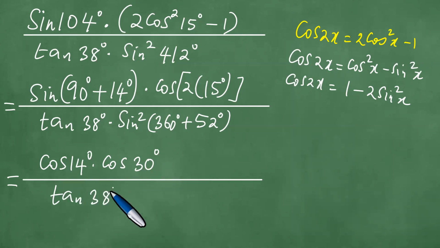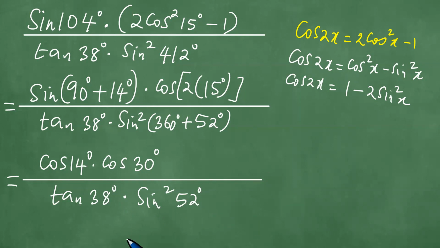Tangent of 38 degrees. 360 plus is in which quadrant? 360 plus is in the first quadrant where all the functions are positive, and therefore the result is positive, but it becomes just sine squared of 52 degrees.